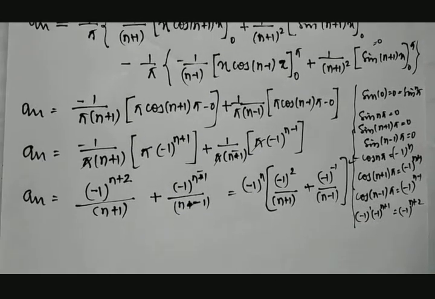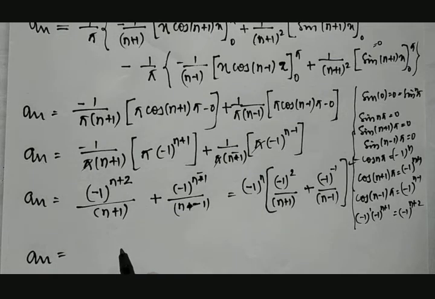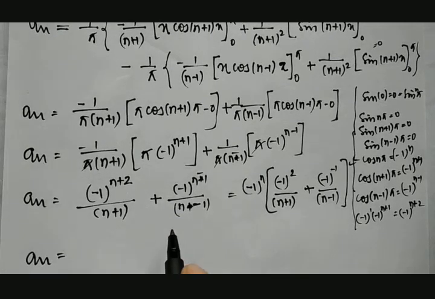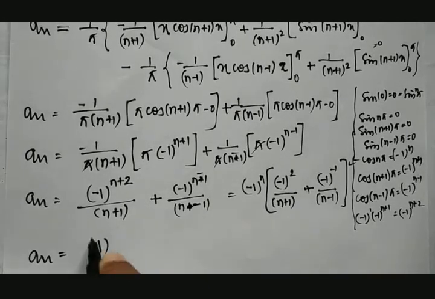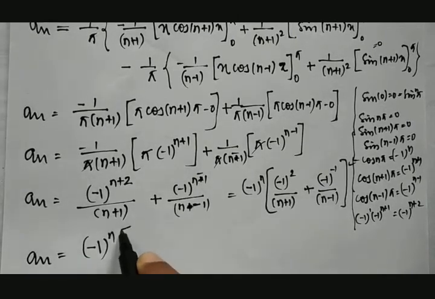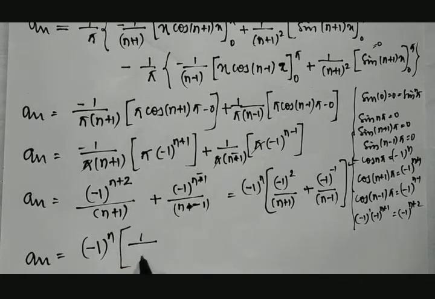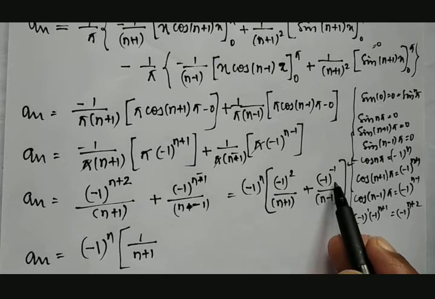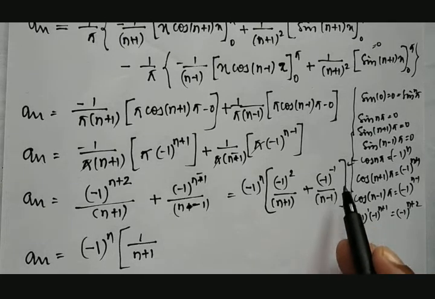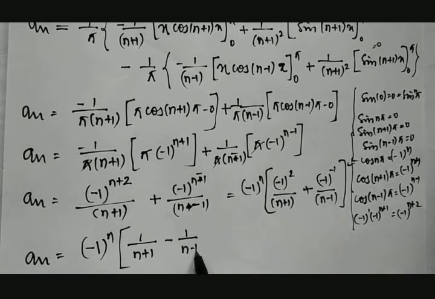Fine. Therefore, a_n is equal to, you can see here, this is minus 1 raised to n, inside the bracket minus 1 square, even power will be positive 1, over n plus 1, minus 1 raised to minus 1. So you take a reciprocal, it becomes 1 divided by minus 1, so it will be minus 1 only. So it is minus 1 divided by n minus 1.